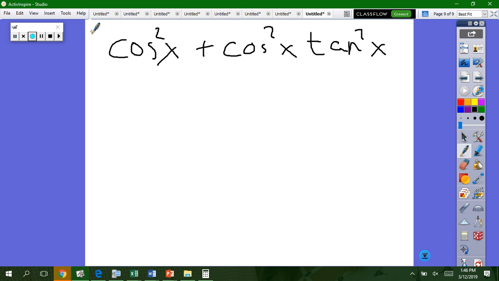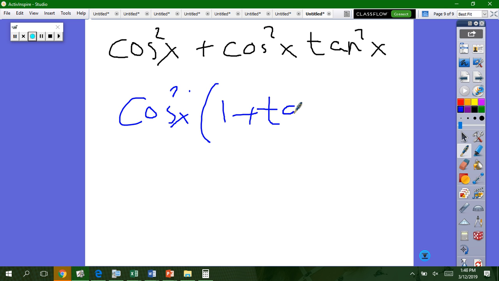Okay. What do those guys share? They both share a cosine squared, right? Nope, just a cosine squared. What's left? 1 plus tangent squared. That should be ringing bells in your head. Secant squared.